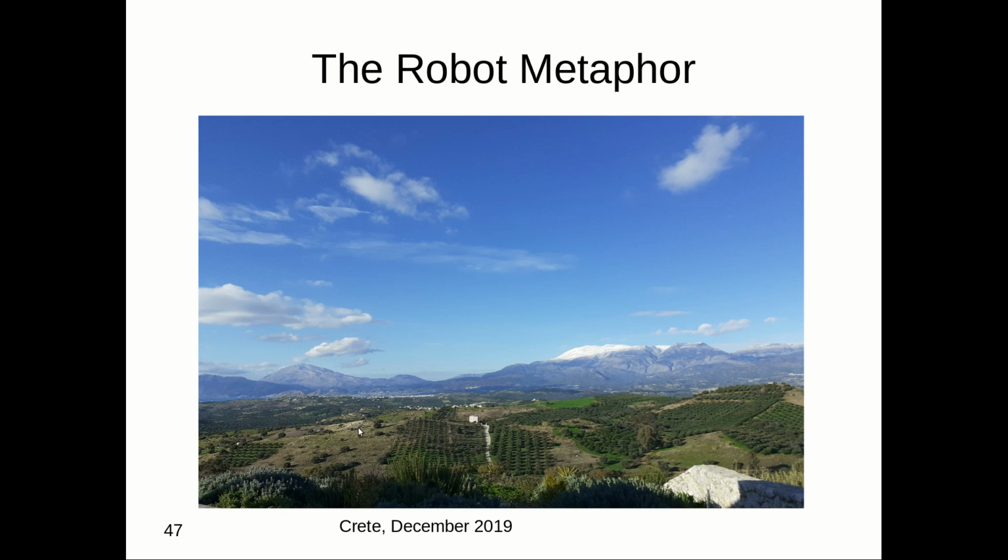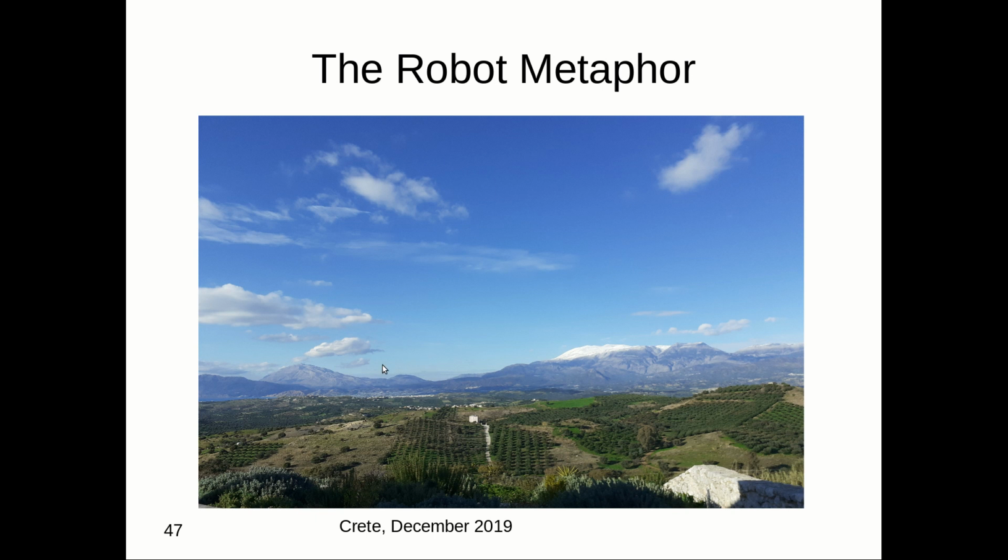Okay, so now let's start explaining how MCMC works using the famous robot metaphor that was introduced by Paul Lewis for teaching MCMC methods. The idea here is that this is the island of Crete, which has a lot of mountains. Here's a local maximum, and this peak up here is actually the absolute maximum, the highest peak of Crete.